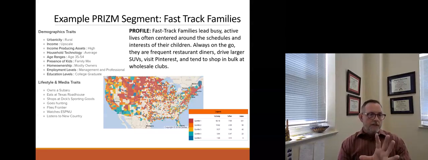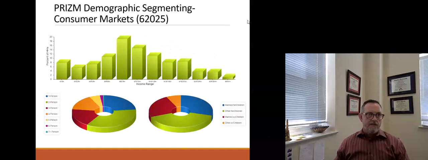Okay, so this is an example of the Prizm tool that's available. There are other characteristics available, so we have other data. They have all the data, so they can report average incomes, distribution of household size, so how many people are in a household.